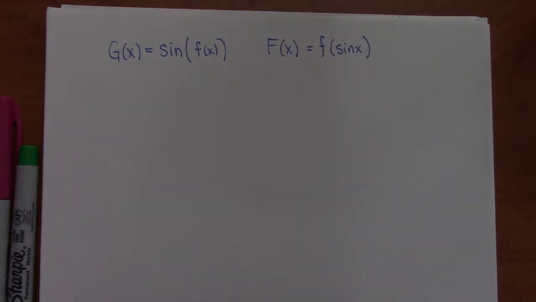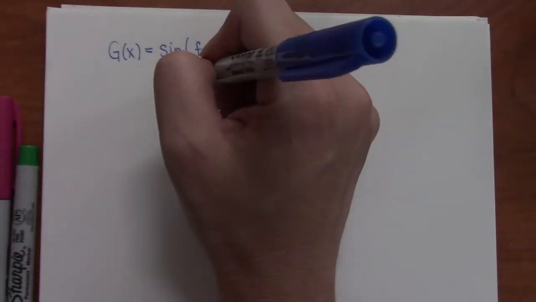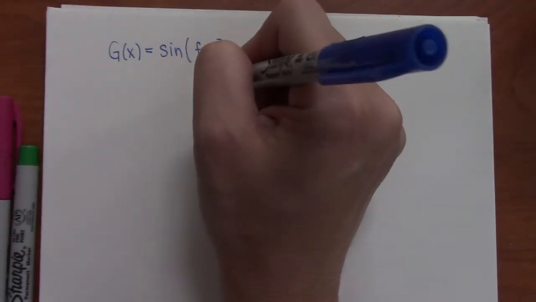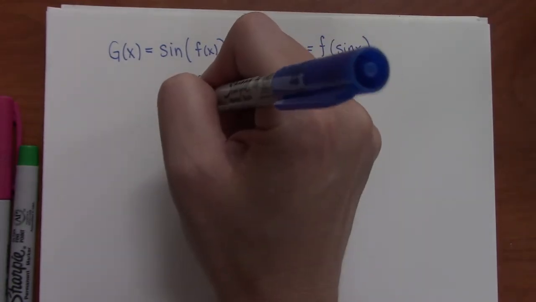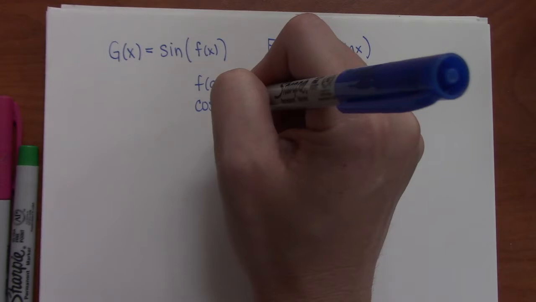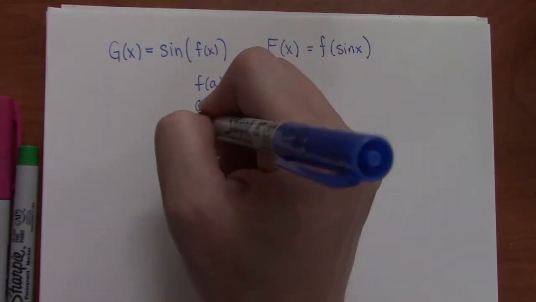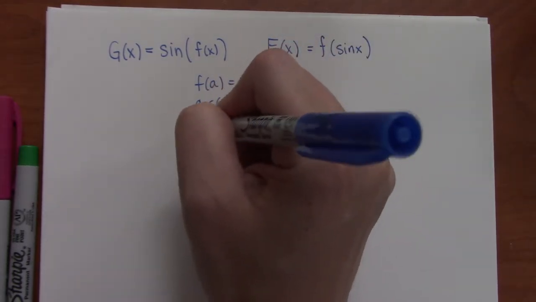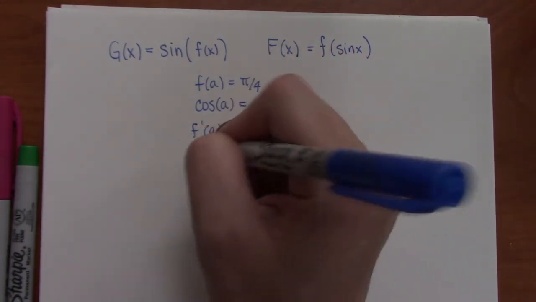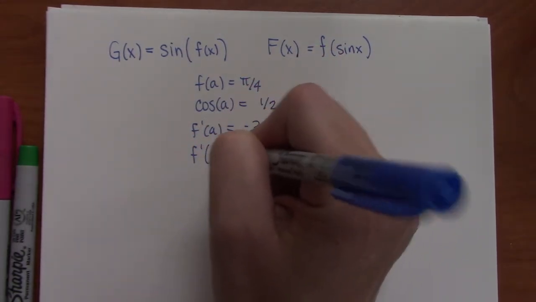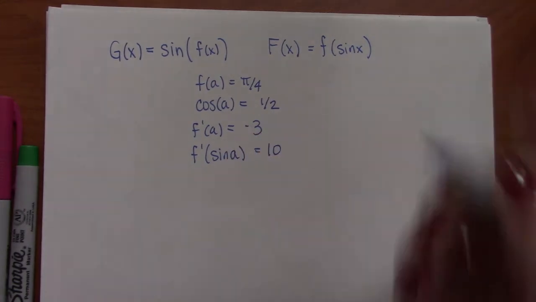We wanted you to find the derivatives given the following information. So we told you that little f of a is pi over 4, cosine of a was 1/2, f prime of a was -3, and f prime of the sine of a was 10.